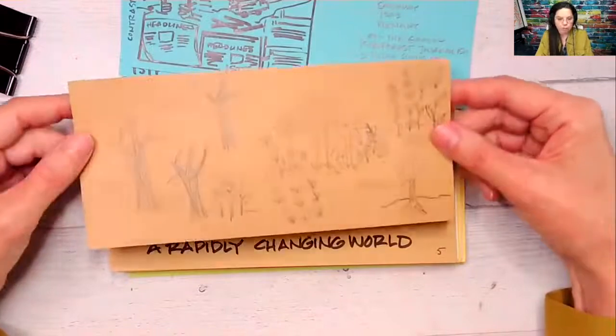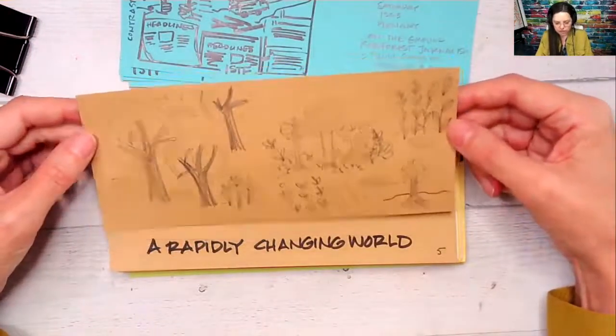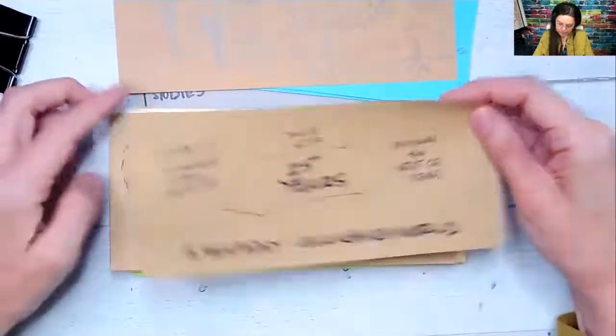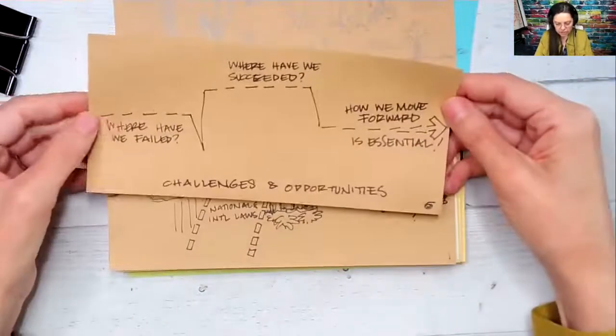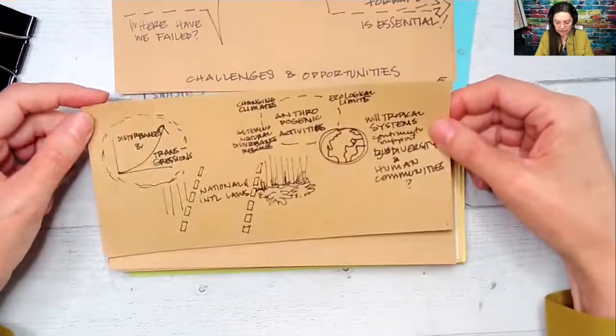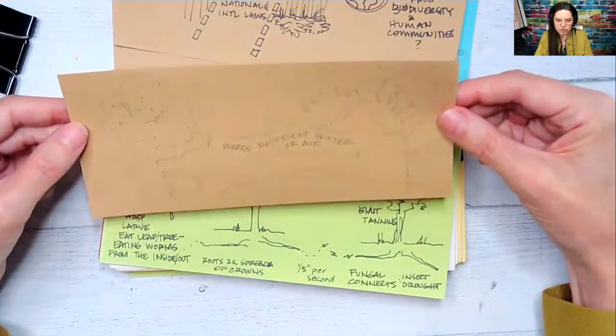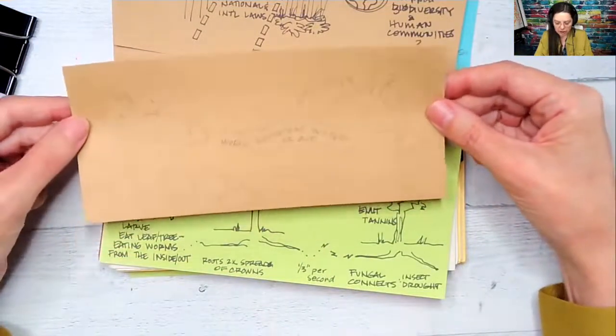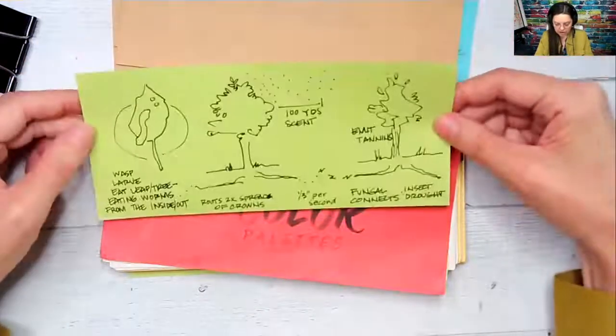On the plane on the way there, I'm drawing different trees, some different concepts, questions, and topics they were talking about that I gathered from the agenda. This is a little hard to see, but this turned into a two panel graphic recording.